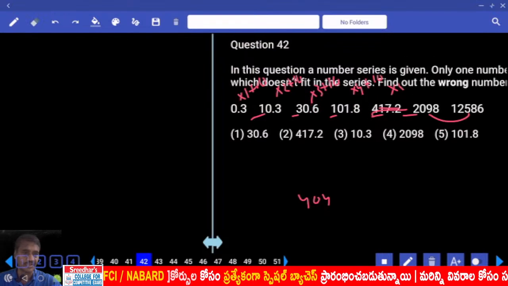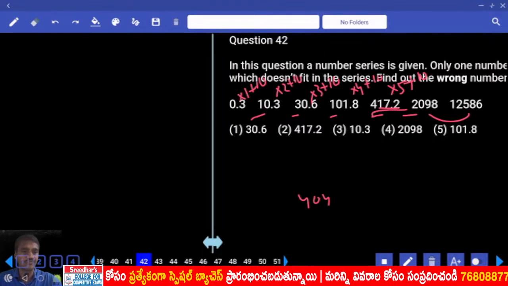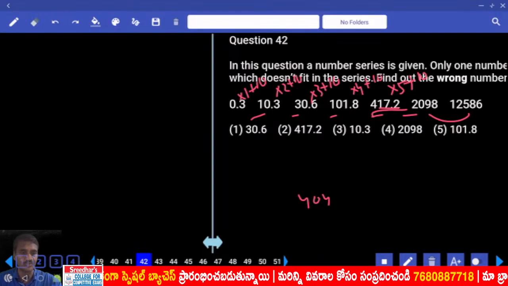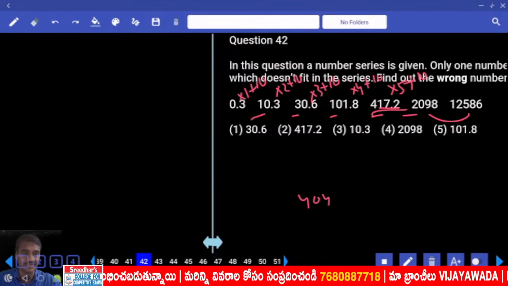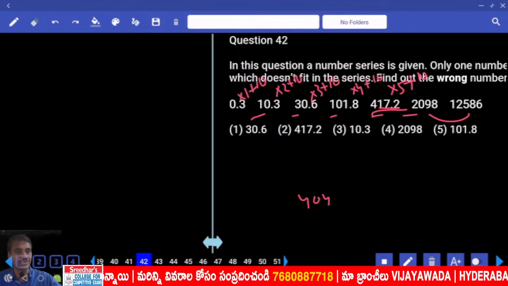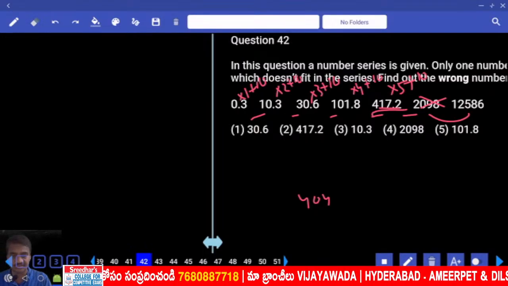Then next, into 5 plus 10. Now 417 into 5: 400 into 5 is 2000, 17 into 5 is 85, so 2085 plus 1, 2086 plus 10, 2096. This is the wrong number. 2098 is the wrong number, question 42.